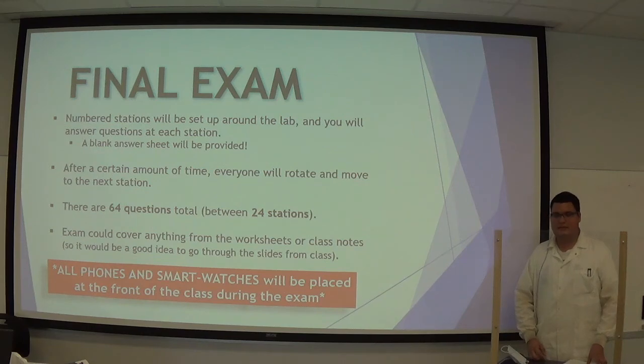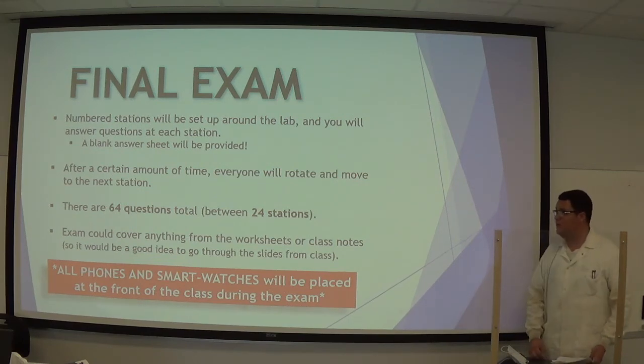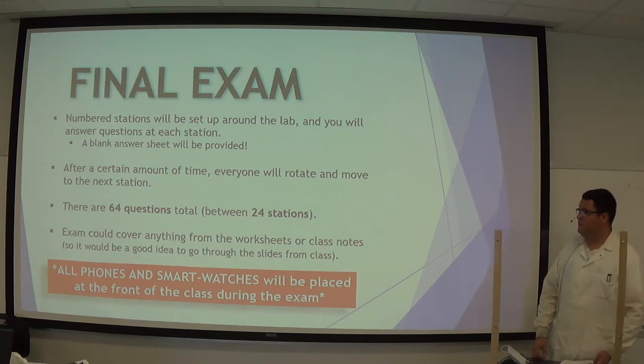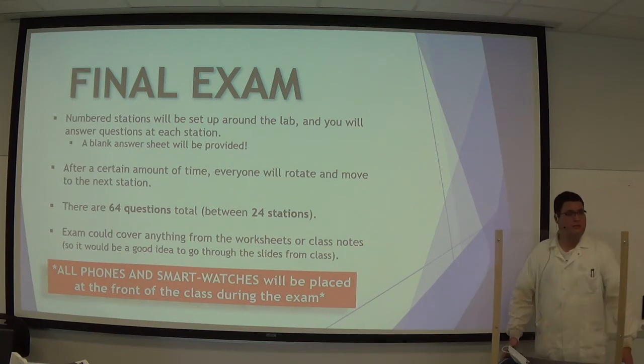We'll time you, like every minute or so, everyone moves one spot over. 64 questions and 24 stations. All your smartphones and your cell phones or whatever and your smartwatches will have to be put up here up front. And yeah, just don't cheat, please.